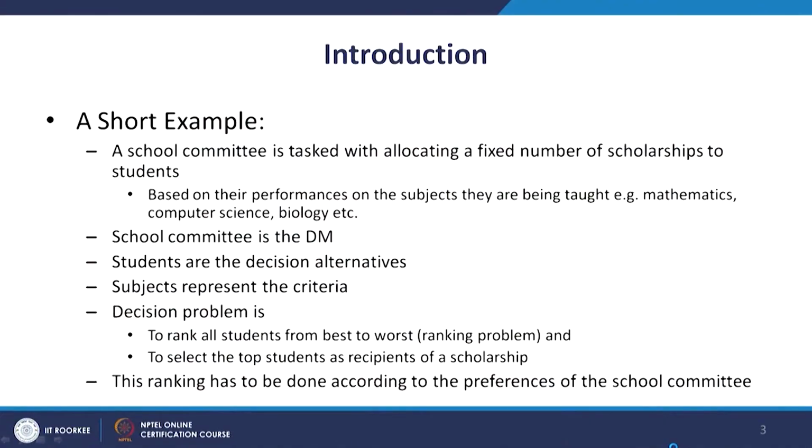So, these subjective preferences are going to play an important role in how the ranking is determined. Depending on the subjective preferences of decision makers, the ranking results might change. The same thing we can understand in this example as well. Depending on the subjective preferences of the school committee, the performance on different subjects might vary, and therefore the ranking of students might also reflect that.